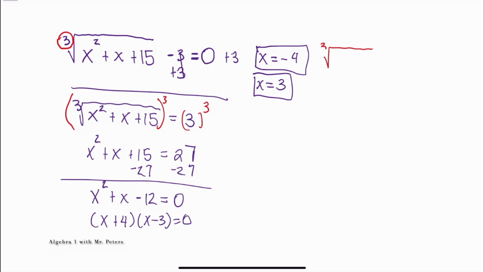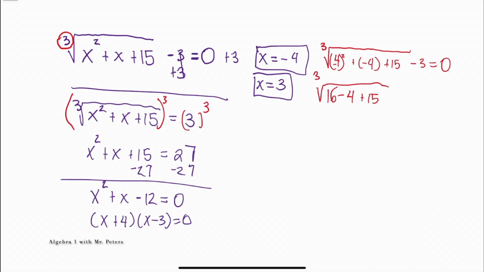So I'm going to plug in negative 4 first. So we have negative 4 squared, and just make sure that you substitute it back into the original equation. So we have the cube root of 16 minus 4 plus 15 minus 3 is equal to 0.